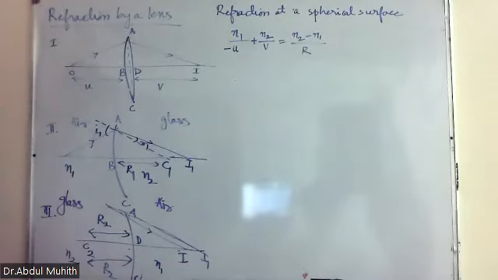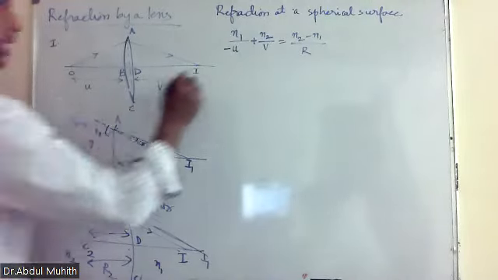Now we have N1 by minus U plus N2 by V is equal to N2 minus N1 by R. So now we are starting with the second diagram.